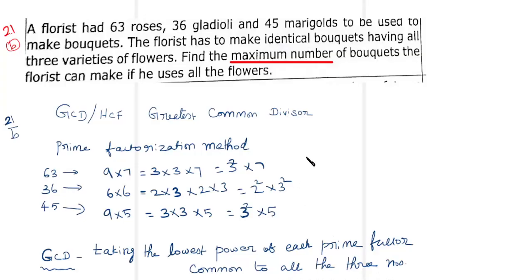Please note, only 3 squared is common to all three numbers. So we take 3 squared, which is 9. So 9 is the answer. The maximum number of bouquets the florist can make if he uses all the flowers is 9.